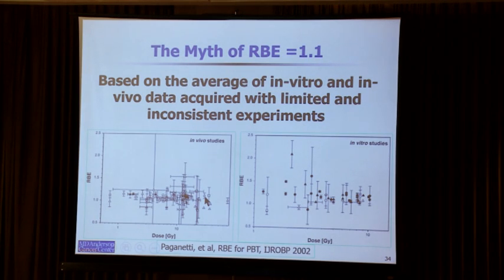But it is based on a large number of experiments, done in a limited way. They were all done at high doses per fraction, and they were done in the middle of the spread out Bragg peak. And that does not show the potential problems that can be caused.